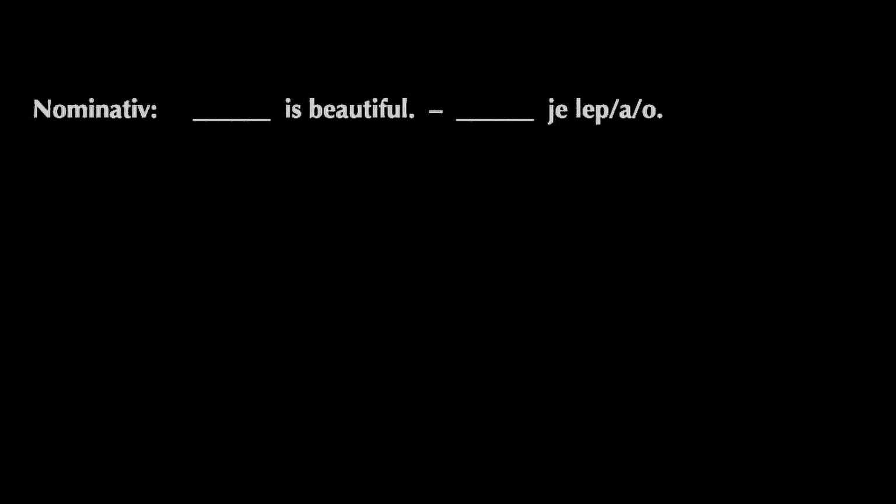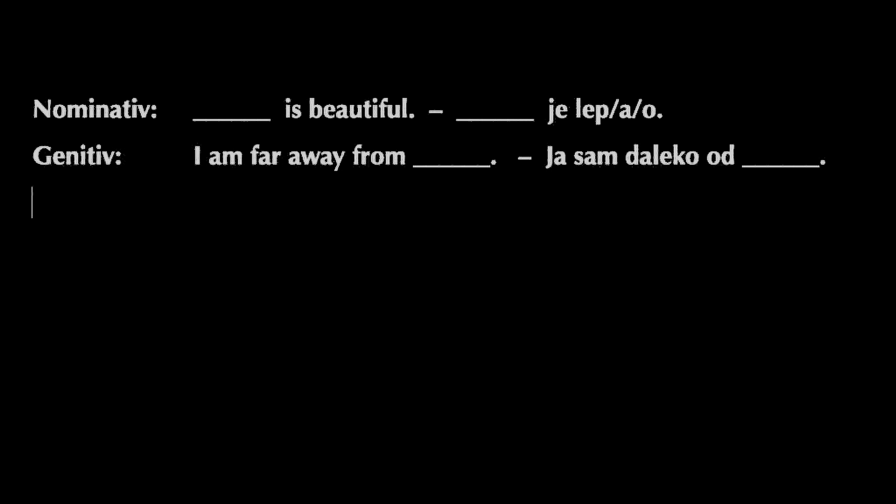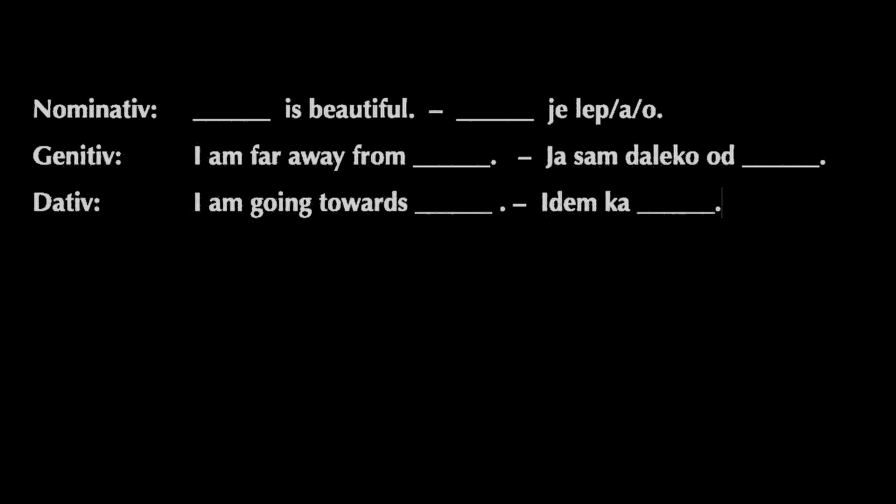For nominative, I will be using "someone, that noun is beautiful," which in Serbian would be "something or someone je lep, lepa or lepo," depending on the gender. For genitive, I will be using "I am far away from something," ja sam daleko od. For dative, "I'm going towards something," so idem ka nečemu.